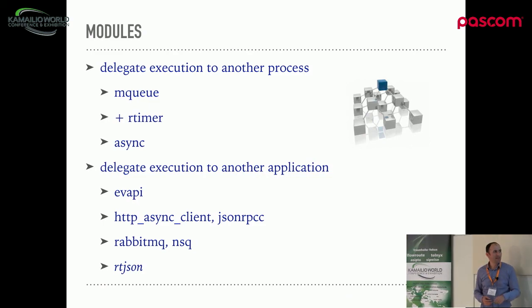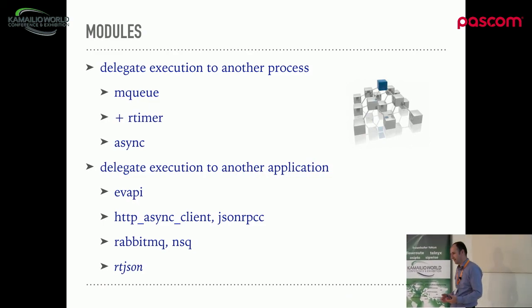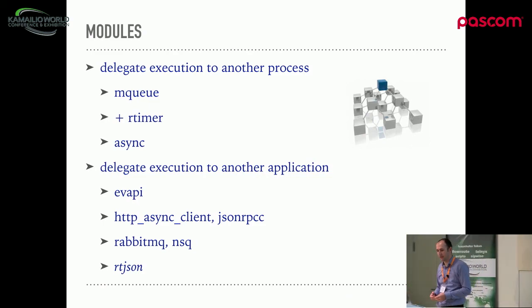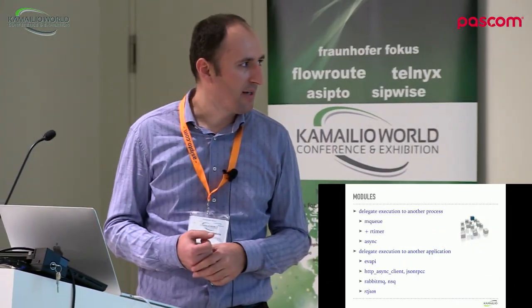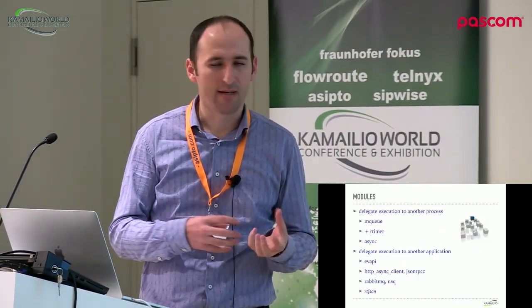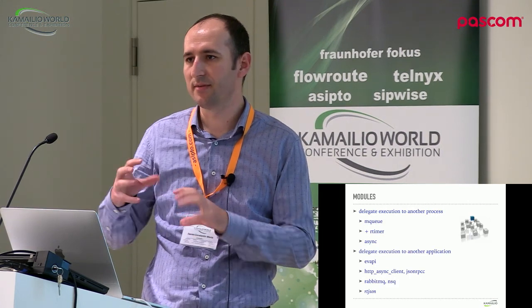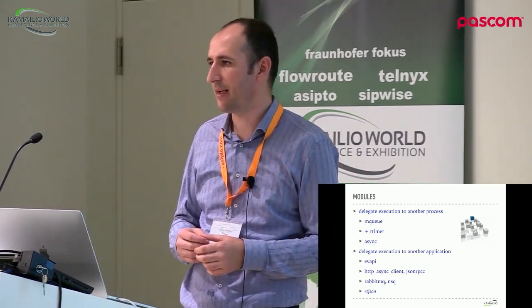Or delegate the execution to another application. So you can use here the AV API, event API, where you can connect to Kamailio and then get some JSON formatted events. And then you can reply back, and Kamailio will pick it up from another worker process and will route it there.